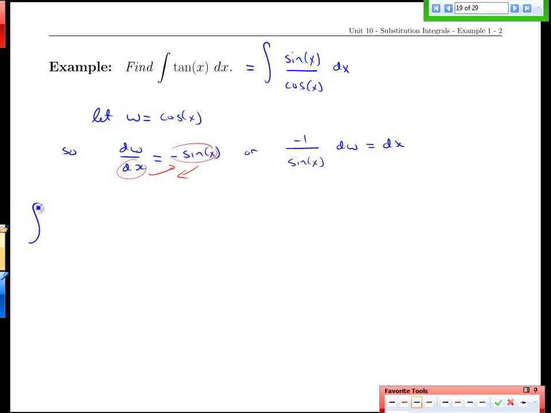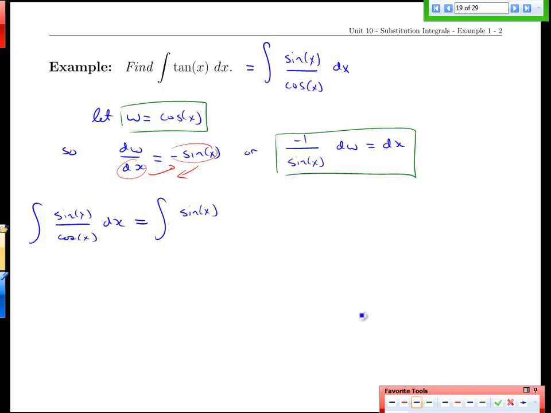So the original integral, sine of x over cos of x dx, is equal to, let's replace piece by piece. Sine we left where it was. The cos of x is now our w. Let's put that in a box here, highlight it.